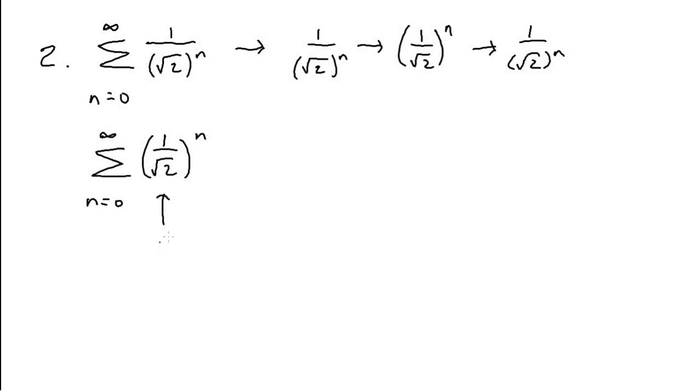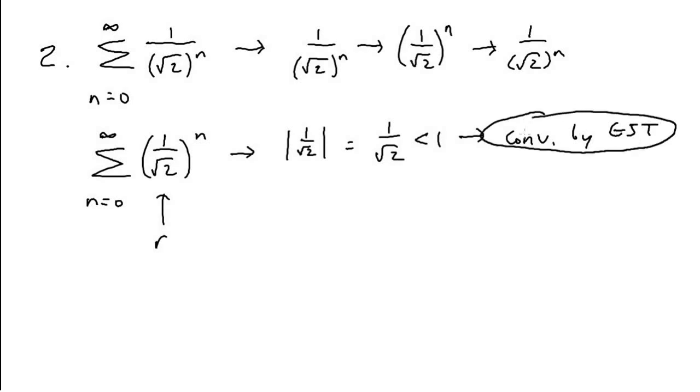So 1 over the square root of 2 is our r, being taken to the exponent n. And remember, it doesn't need to be n minus 1, it can also be in the form of n. And so the absolute value of r, the absolute value of 1 over the square root of 2, is still equal to 1 over the square root of 2. And that obviously is less than 1, which means this series will converge by the GST.